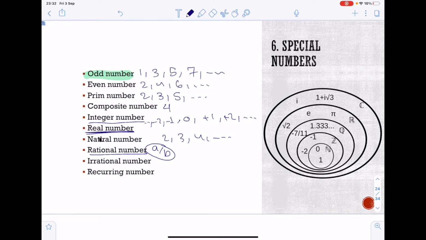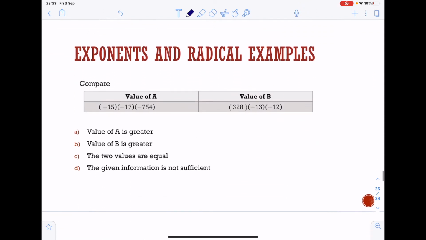If you couldn't write the number in this way, it would be an irrational number. For example, root 2 or pi are irrational numbers. The last kind is the recurring numbers. There are some numbers that repeat in a specific way after the decimal point, for example 1.3333, or for example 1.323232 and so on.